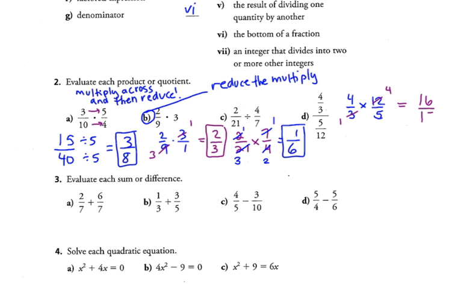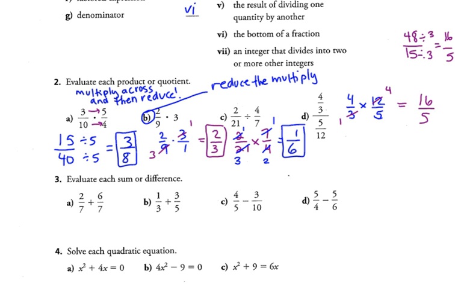Oops. Silly. Yes, 5. Now, if you did go straight across, you'd have to go 4 times 12, which is 48. And then 3 times 5 is 15, and then divide both by 3 again. 16 over 5. Okay. It did fall. You were right, Stacey.